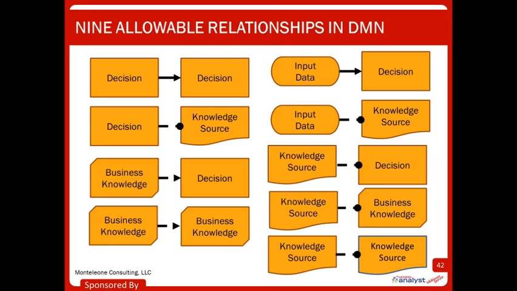You've seen this first one, a decision feeding another decision. There's the solid arrow. We've seen the input data, say for projects, going to a decision. And then we also saw a knowledge source supporting this decision. So we saw various different examples of those.